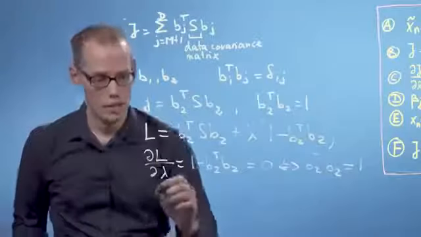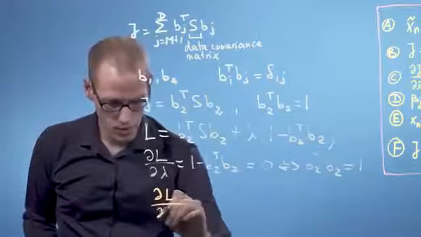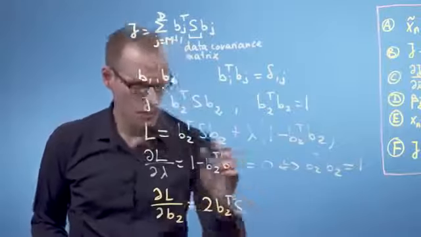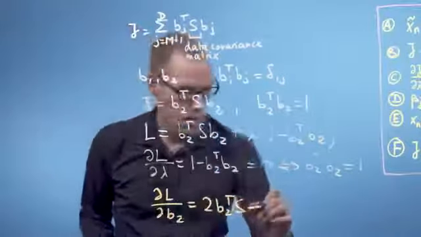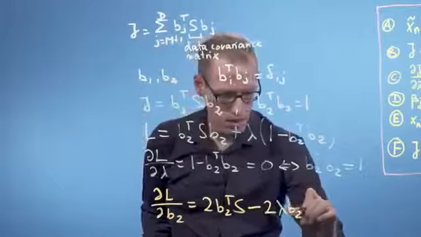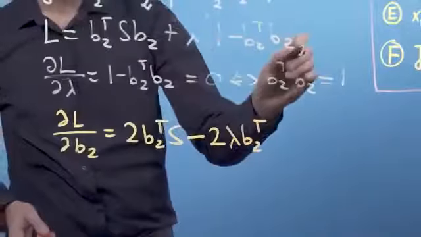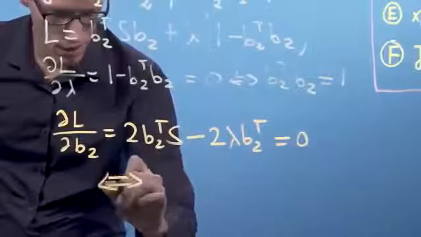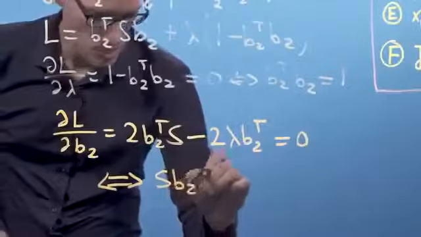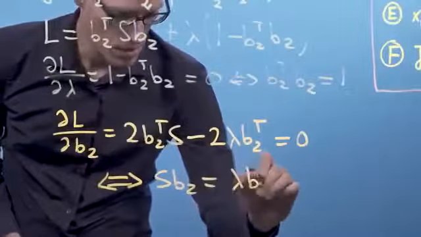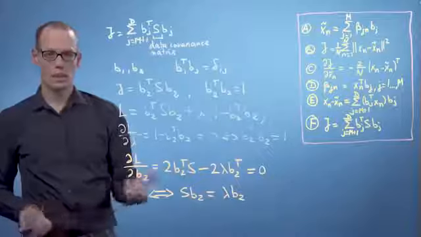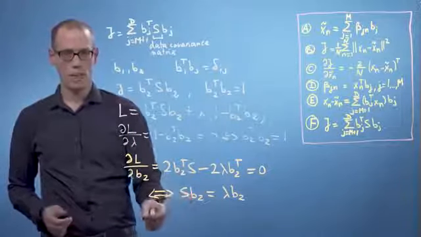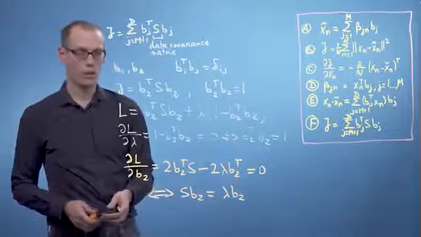Now the partial derivative of L with respect to B2 gives 2 B2 transpose times S from the first term and minus 2 lambda B2 transpose from the second term. This needs to be 0, and that is 0 if and only if S times B2 is lambda times B2. Here we end up with an eigenvalue problem. B2 is an eigenvector of the data covariance matrix, and the Lagrange multiplier plays the role of the corresponding eigenvalue.